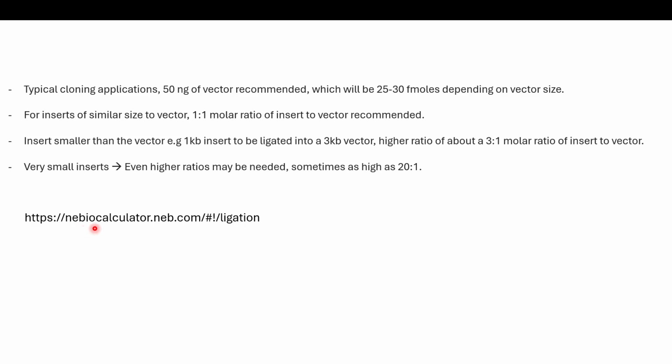You can always go back and check on Google. Just type NEB calculator and you will have the whole calculator. You put in the sizes of your insert and vector, and then different ratios for ligation will give you the amount of vector as well as the insert for the ligation reaction.